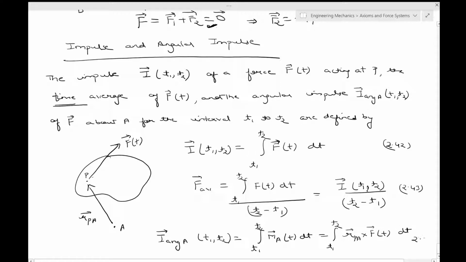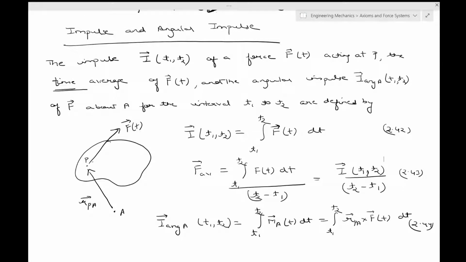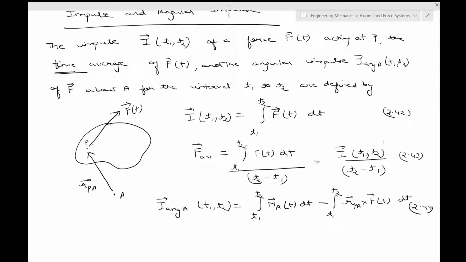This is 2.44. So this is how these three quantities are defined: impulse, the time average of force, and the angular impulse.